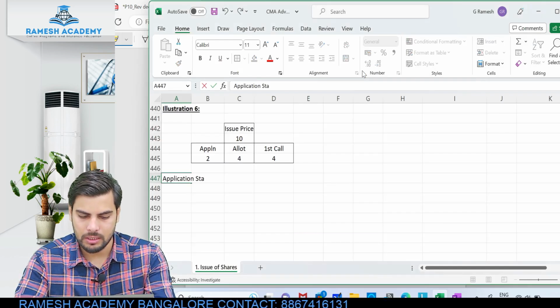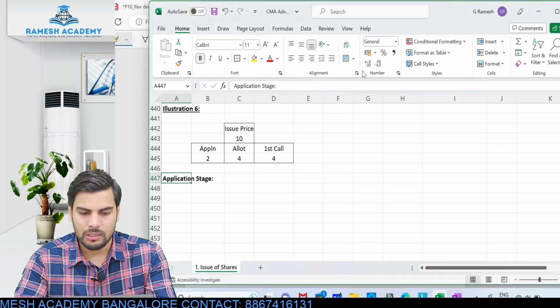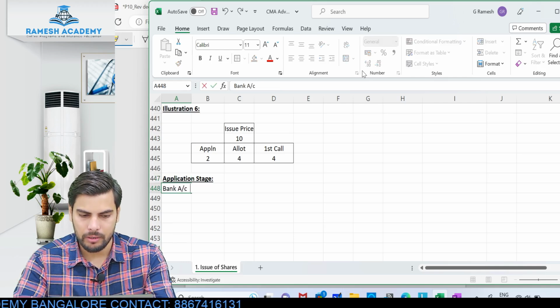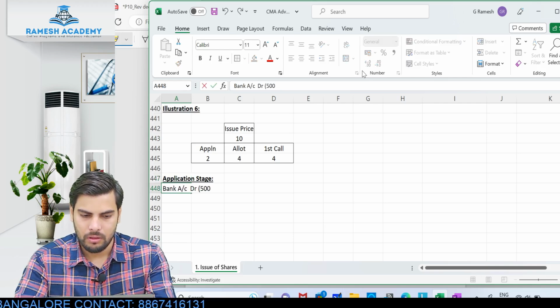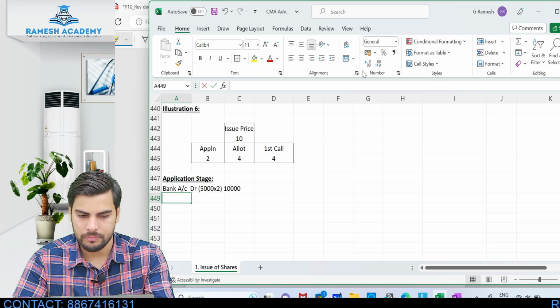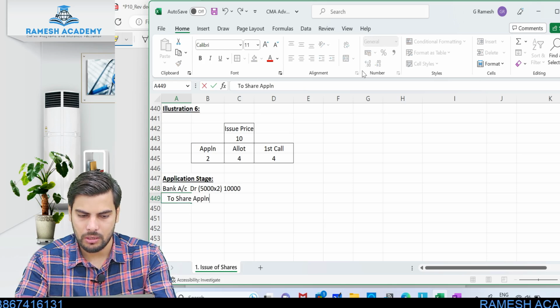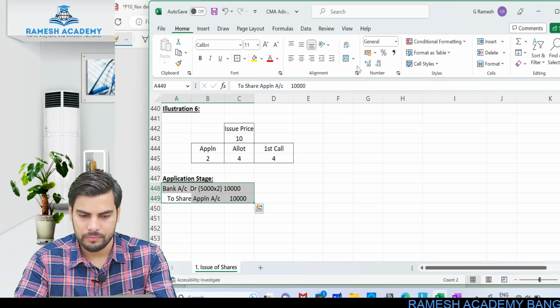Application stage: when I actually receive the application money, you know the entry, right? Bank account debit, 5,000 shares into 2 rupees, so this would be 10,000, to share application account 10,000. Clear?